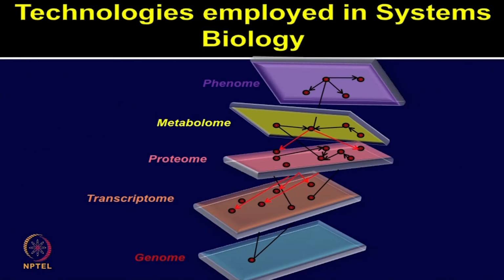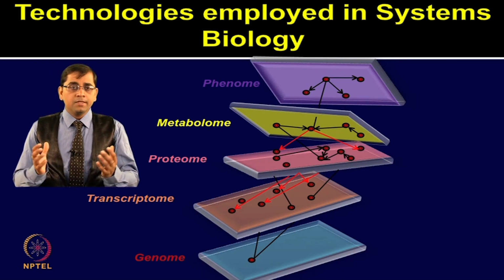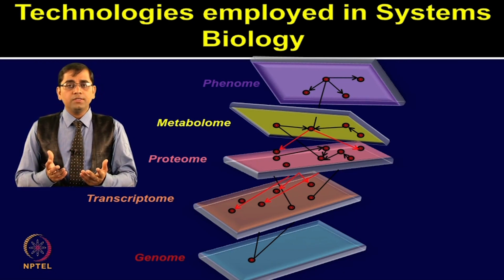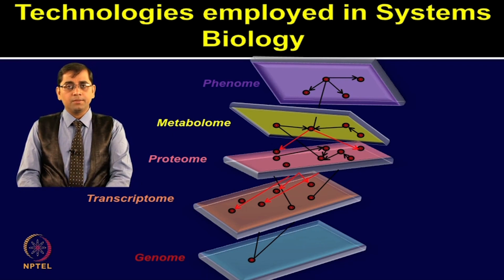So, as you can see here, to generate the systems level information, the systems study requires different technologies which could be employed at different levels in biological systems. At the genome level, we study different types of technologies such as high throughput sequencing and high throughput arrays.